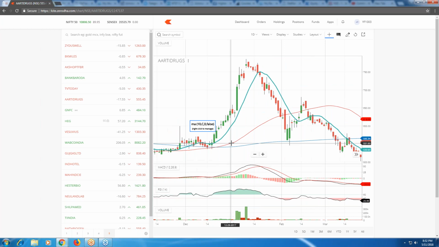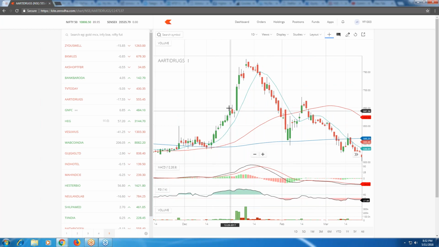Not even a month, in 2 or 3 weeks, it takes you from 565 to 784, right? Good about 200 points. Your stop loss is very, very tight, and the stock has taken a flight.